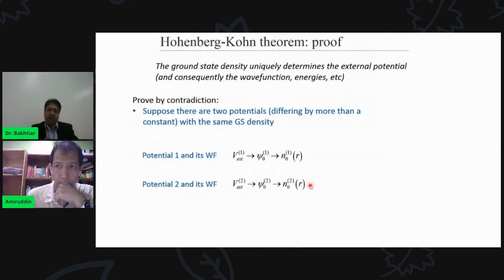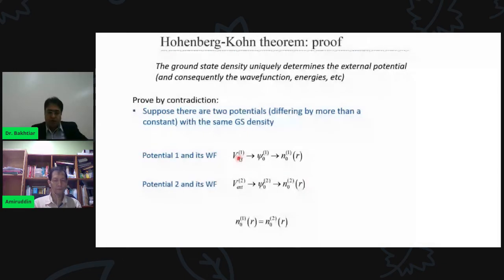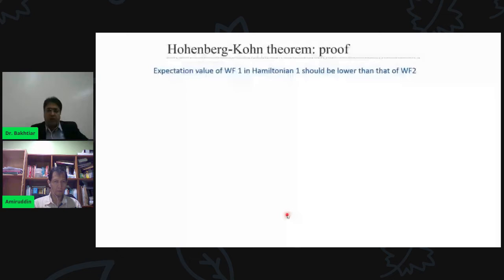We say that there are two external potentials that have the same density. This is the density for external potential 1, and this is the density for external potential 2, and we assume that they are the same. To prove this, I will take the expectation value of Hamiltonian 1 using its ground state wave function.